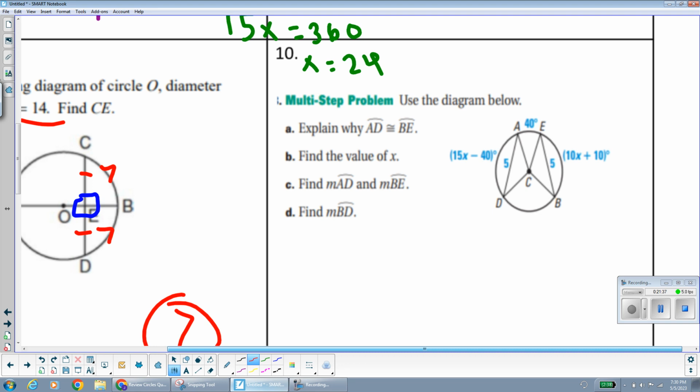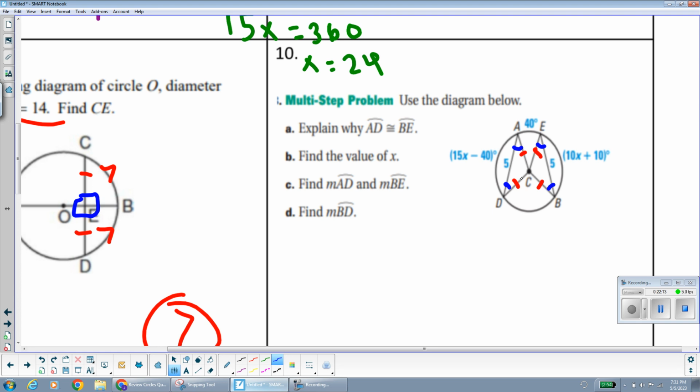What I see here is congruent radii because all radii of a circle are congruent to each other. So that means that I have two isosceles triangles here. And when I have an isosceles triangle, not only are two sides congruent, but the angles opposite those sides are also congruent. And all of these angles are inscribed angles.